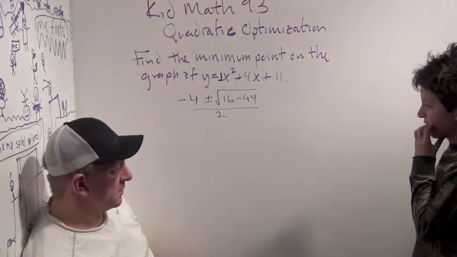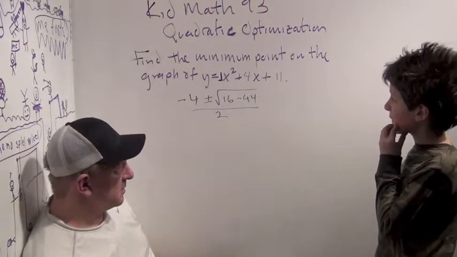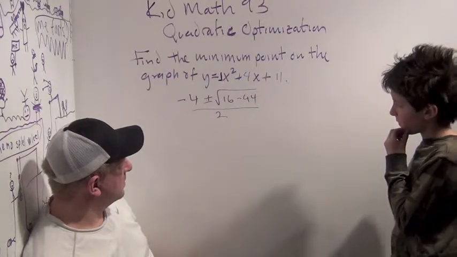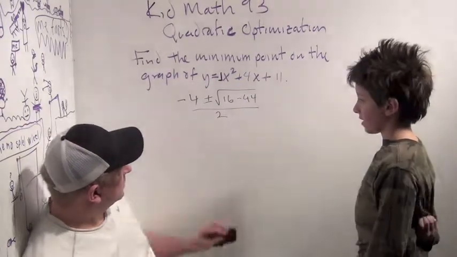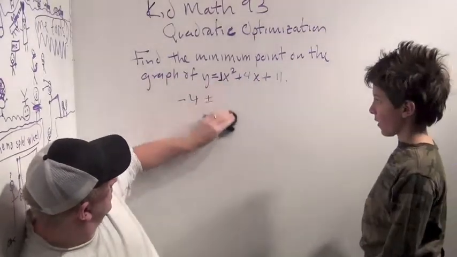So what can we do? Well, we could do x squared plus 4x plus 4. That's a square.